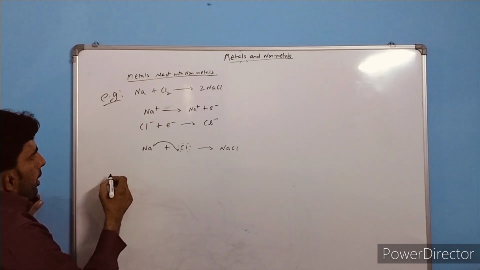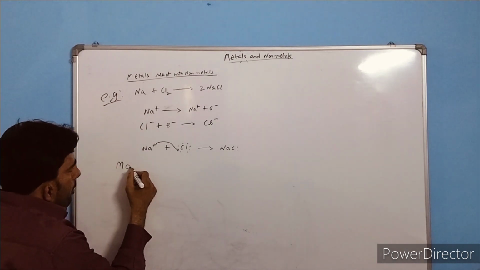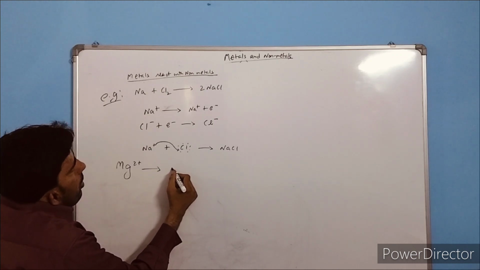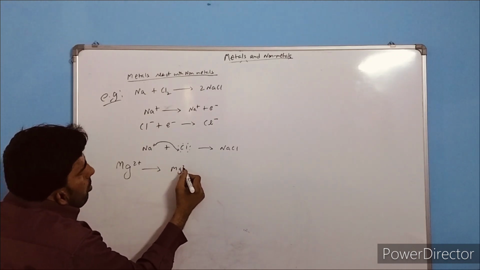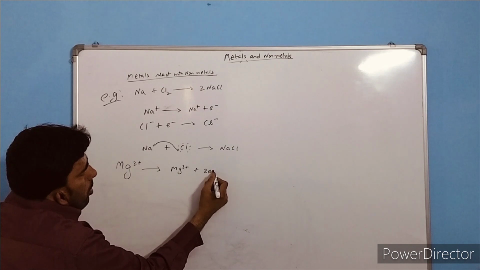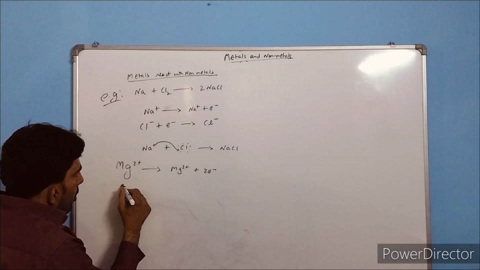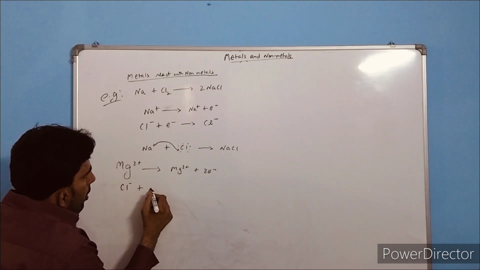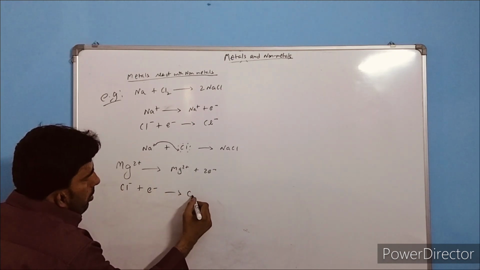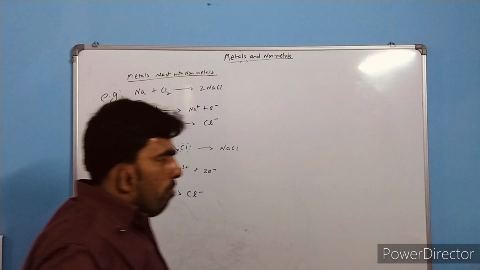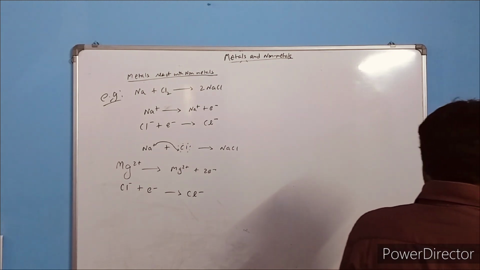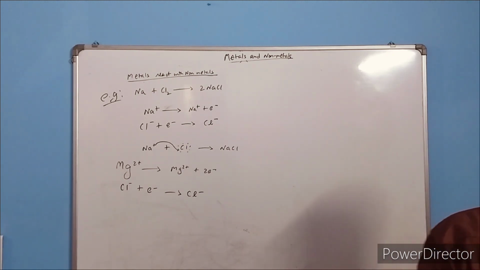One more example we can take is magnesium, Mg2 plus. It will lose electrons and chlorine will gain electrons. That is what happens in both the cases.